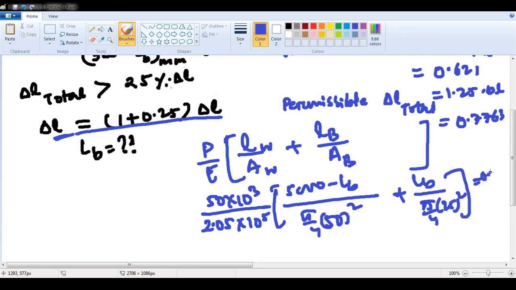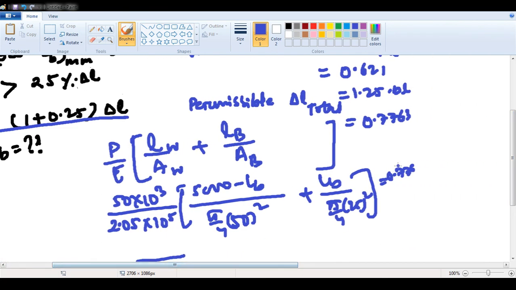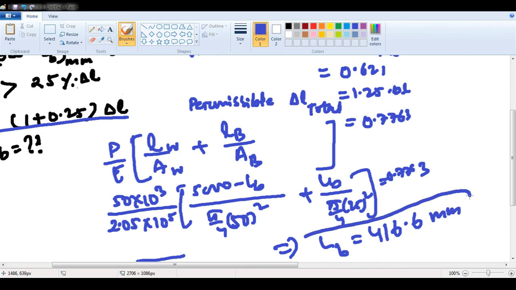This total is equal to 0.7763. Therefore LB is equal to 416.6 mm. So this is the answer.